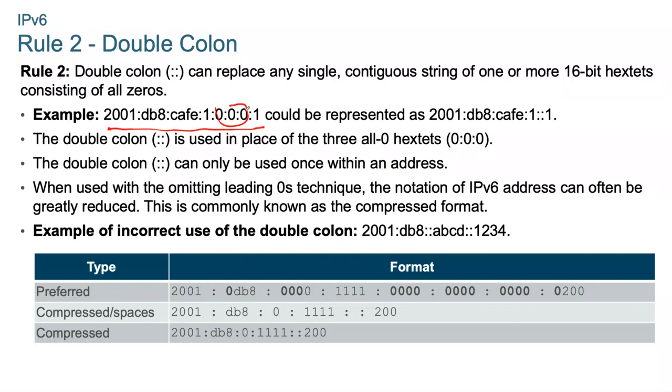If you find zeros inside the address, they can be replaced with the double colon.